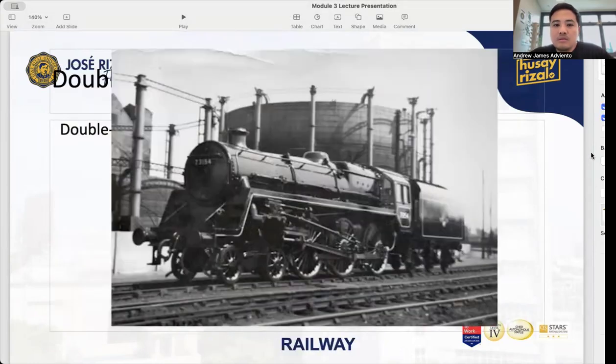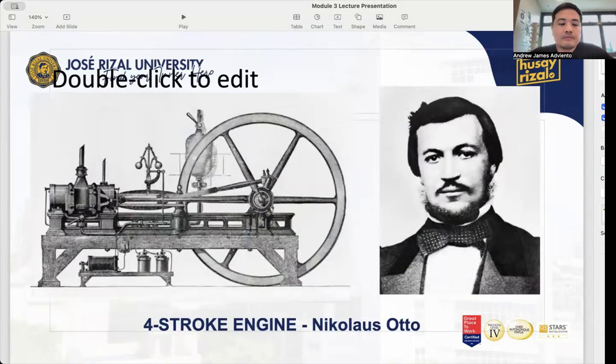Nicholas Otto's four-stroke engine gave birth to the automobile, and the world literally lit up with the advent of electrification. So society was becoming faster, brighter, and more interconnected.